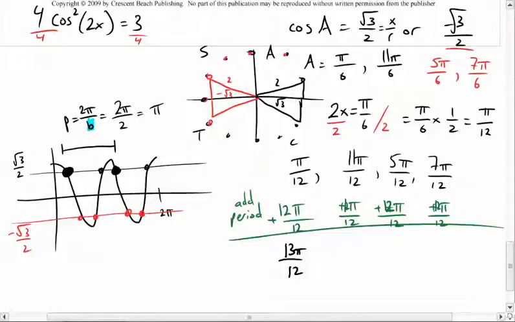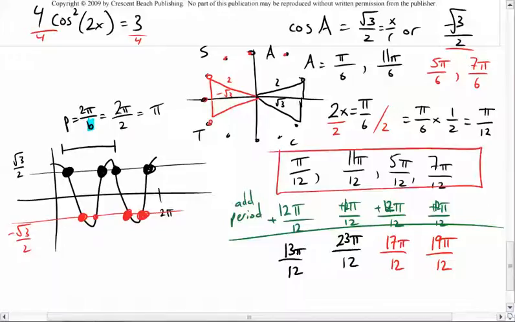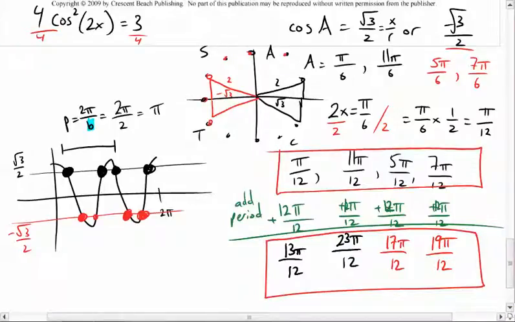So adding 12 to the next one, 23 pi over 12 gives me this answer right here, pi away from this one. Now I'll use my 5 pi over 12, add 12 gives me 17 pi over 12 for this answer right here. And 7 plus 12 is 19 pi over 12 for the final answer right here. So I have 8 answers from 0 to 2 pi.